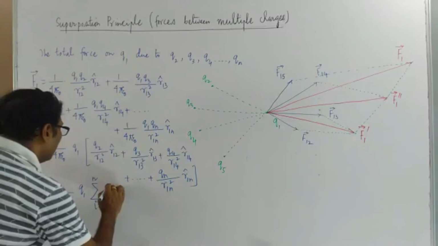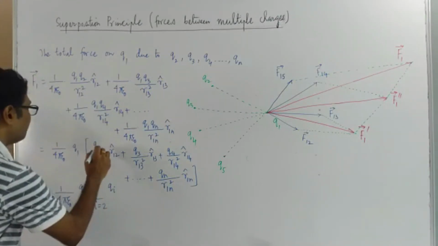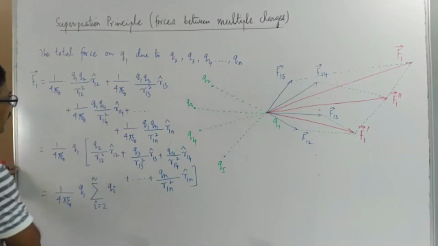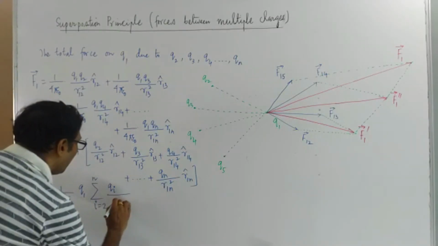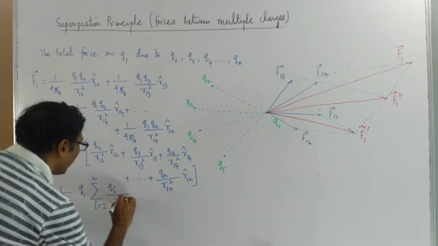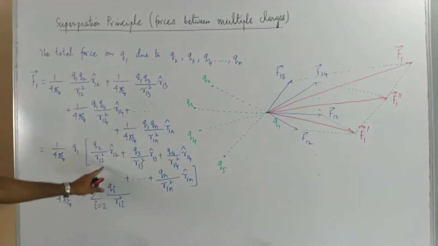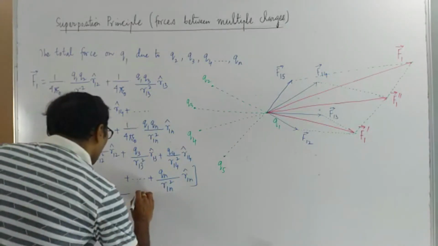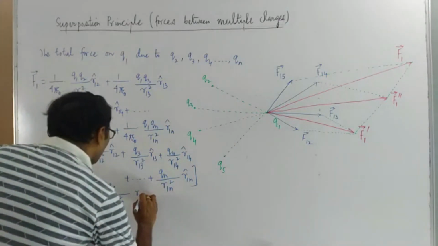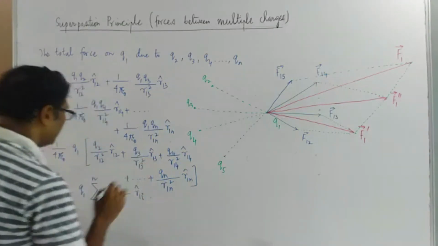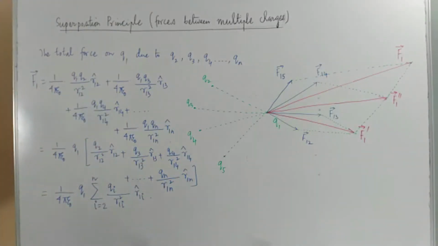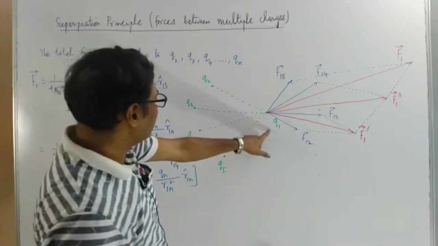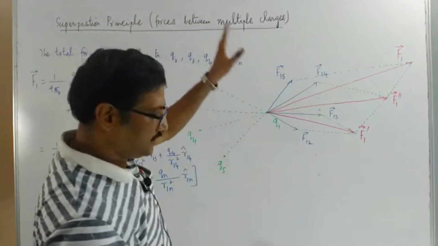Then you have Qi. So instead of writing 2, 3, etc., I will be writing Qi divided by R1I square, because you can see I is the running variable, into R1I cap. So this is how you can represent the total force on any charge due to all other charges.